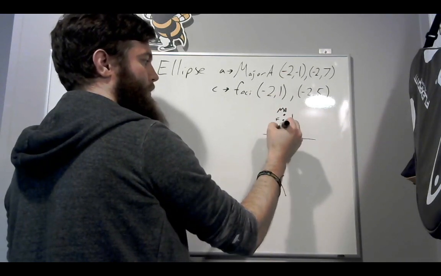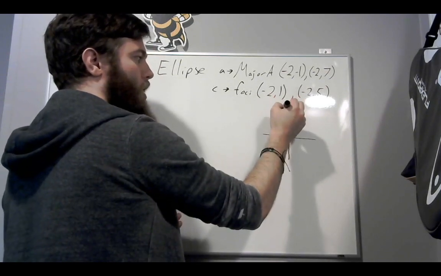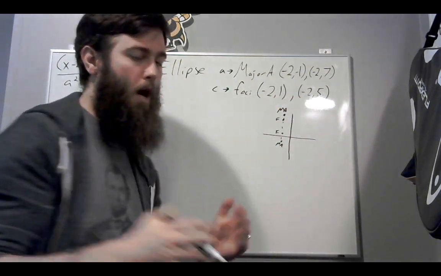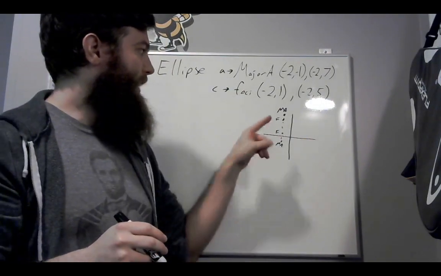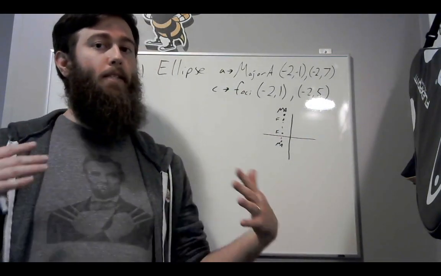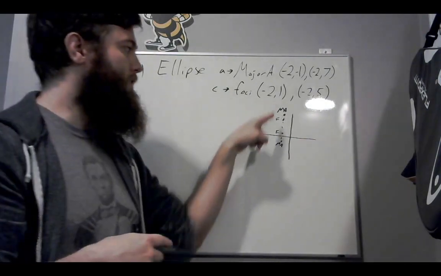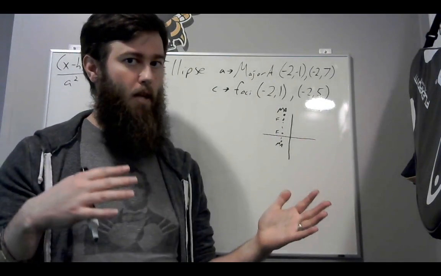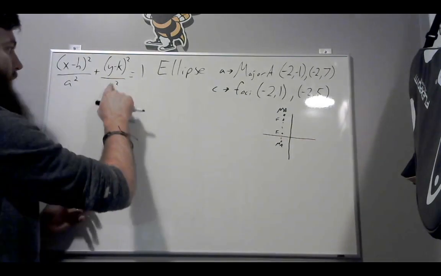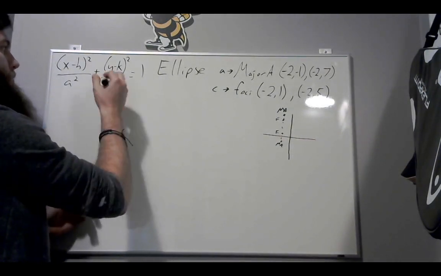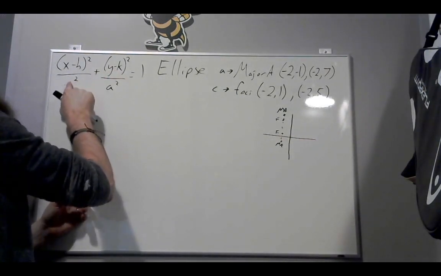So notice how all of these points are on a vertical line. So your major axis and your foci are going to tell you which variable your A should be under. Since this is a vertical line, all of these line up. That means that our A value is going to be under our Y this time.